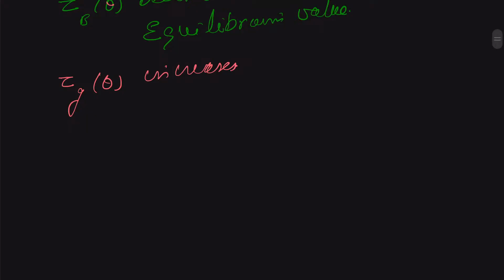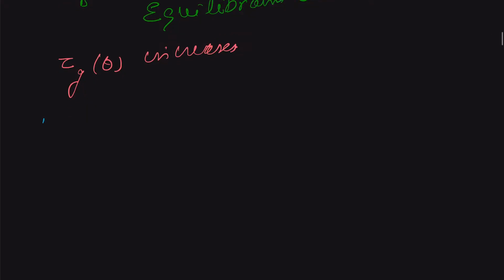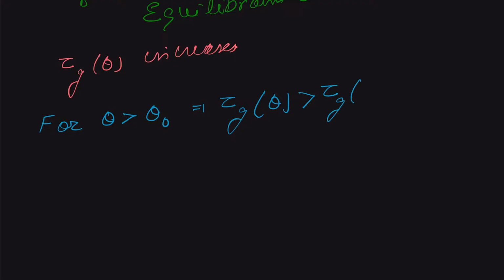Therefore, we can write that for angle theta greater than the equilibrium angle, the gravitational torque is greater than the equilibrium gravitational torque, which is nothing but the magnetic equilibrium torque, which is greater than the magnetic torque at angle theta.